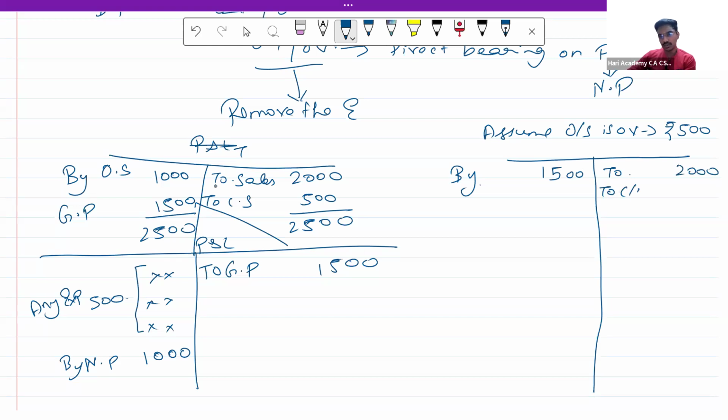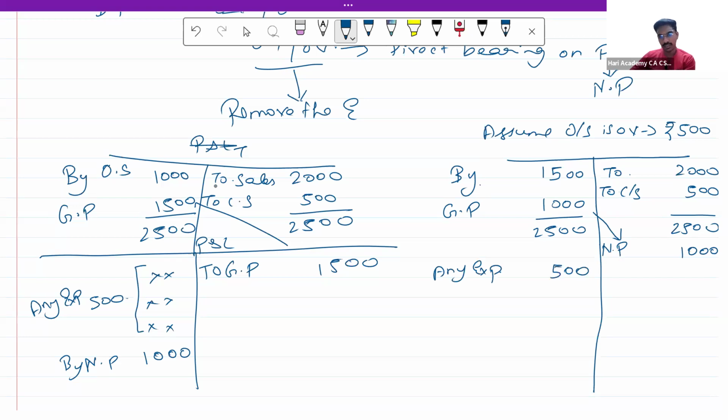To closing stock, this is going to be 500. This is 2500. And your gross profit is going to be 1000 rupees. Then this gross profit is going to come to your net profit account. So net profit is going to be 1000. And all expenses, 500. Then your net profit in this case is going to be 500 rupees.